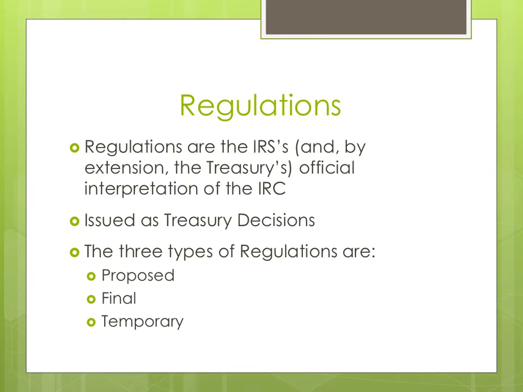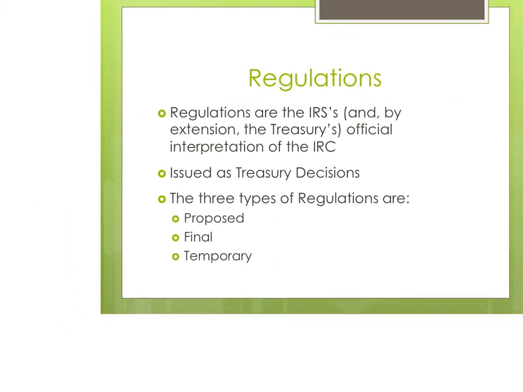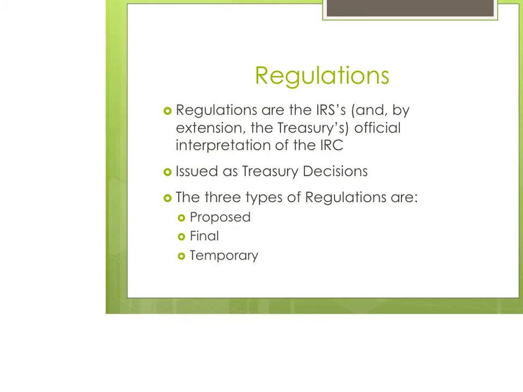All right, so regulations. Regulations are the official interpretation of the Internal Revenue Code, okay? They're issued as Treasury decisions. There are 3 types of regulations, and all 3 types are designed to explain the Internal Revenue Code.